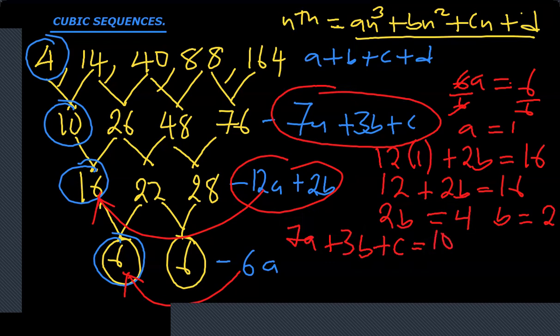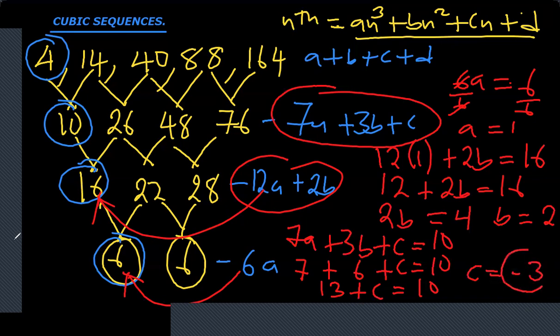Our a was 1, so we have 7, plus our b was 2, so we have 3 times 2 giving us 6, plus c will give us 10. This is going to give us 13 plus c is equal to 10. And therefore, c will be, you guessed it, -3. So we have c, we have b, we have a.